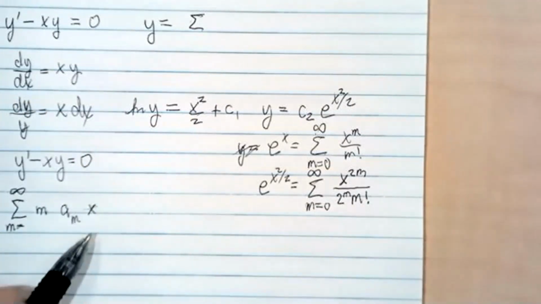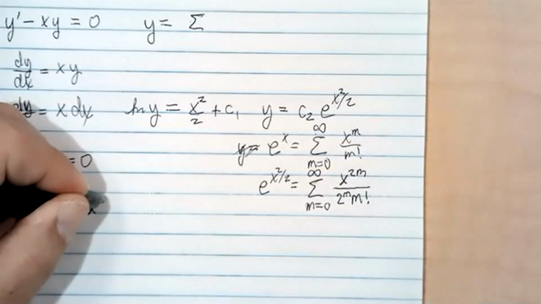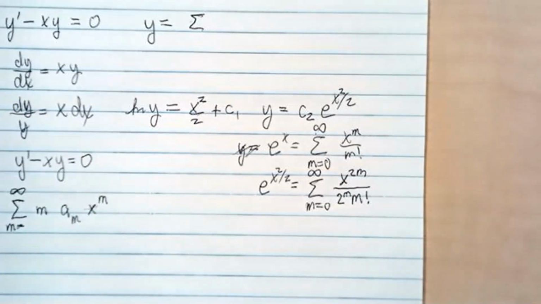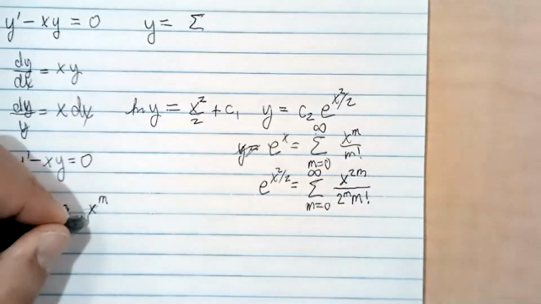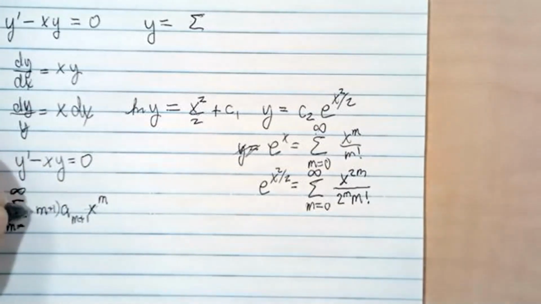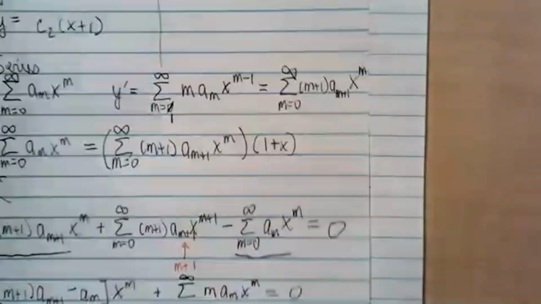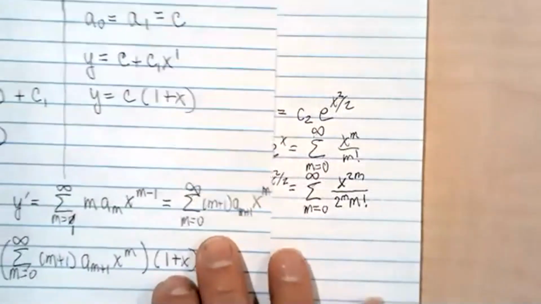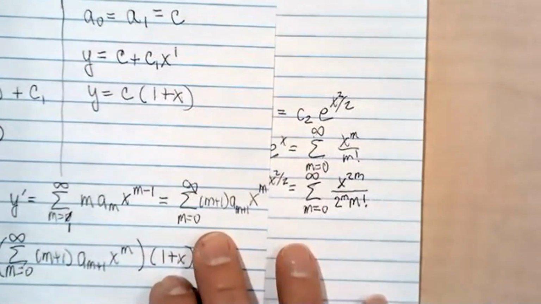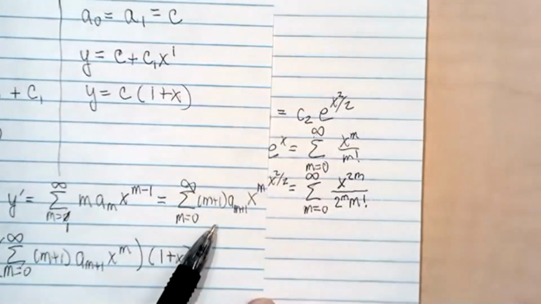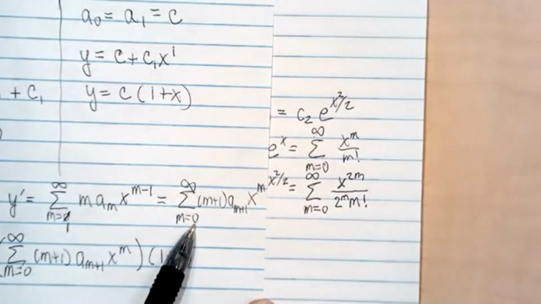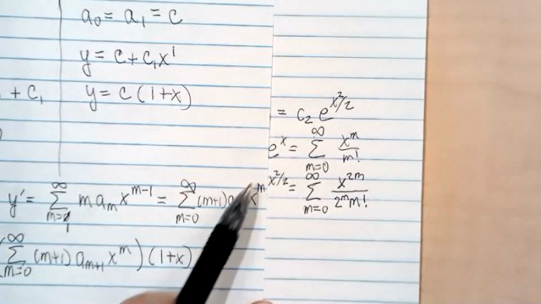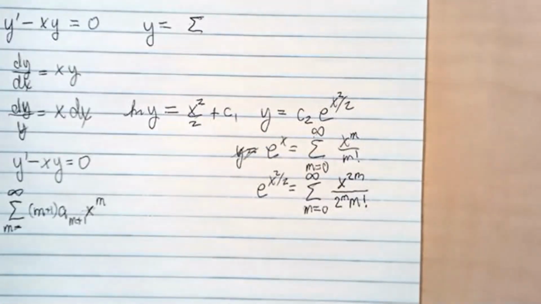But then I'm going to bump that back up to make that an m, and that will make this an m plus 1, and this an m plus 1. And I think that's what we got last time for the derivative. Fortunately, we have that stored here on our paper memory bank, and sure enough, sum from 0 to infinity, m plus 1, am plus 1, x to the m.